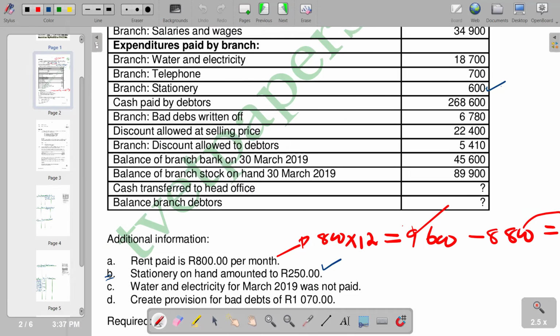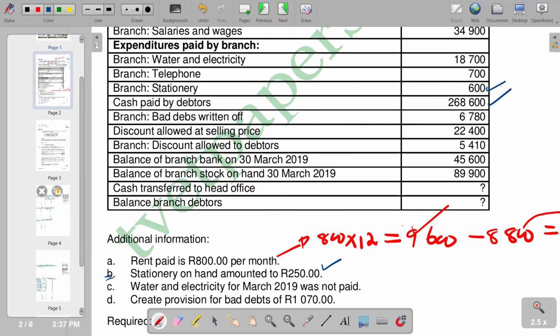Now we are supposed to go to the opposite side. We credit the branch trade receivables account with 268,600, and then we debit the branch bank account with the amount that has been received. So exactly as that, we now start with debiting the branch bank with that amount, and then later on credit the branch trade receivables with the same amount.